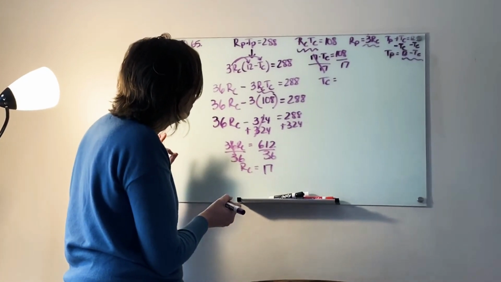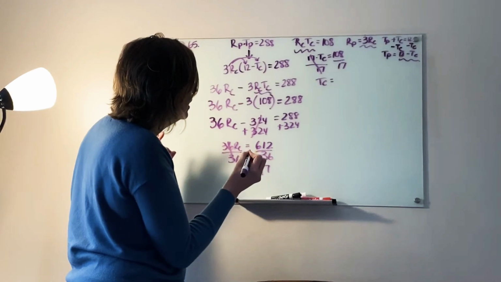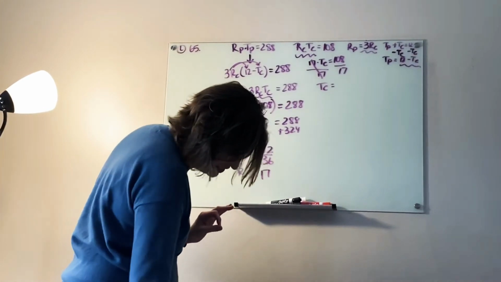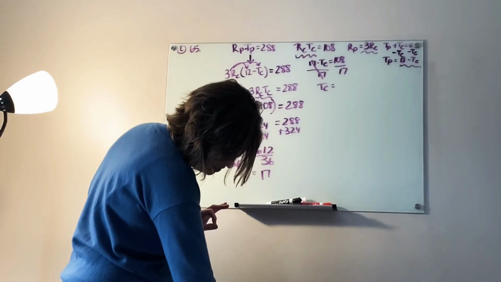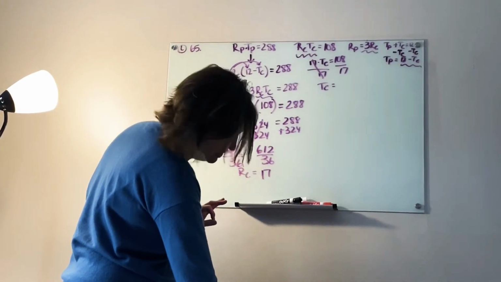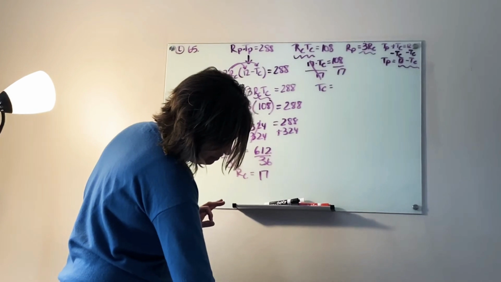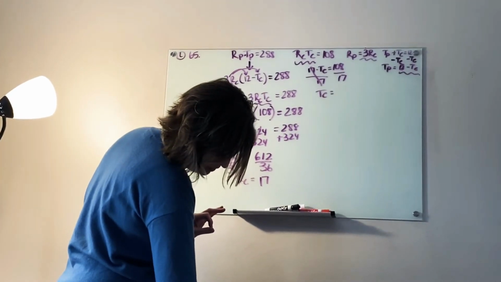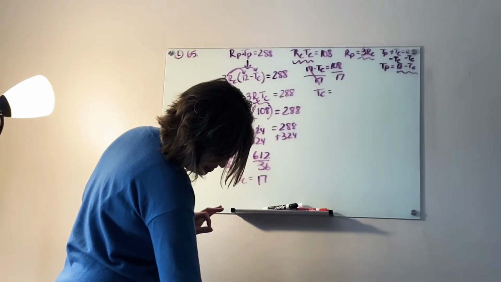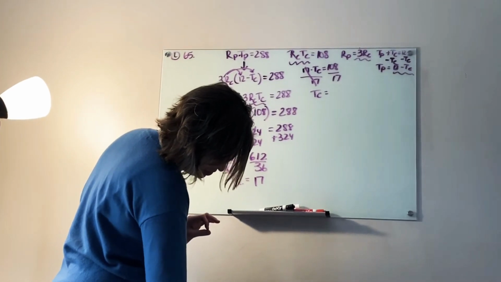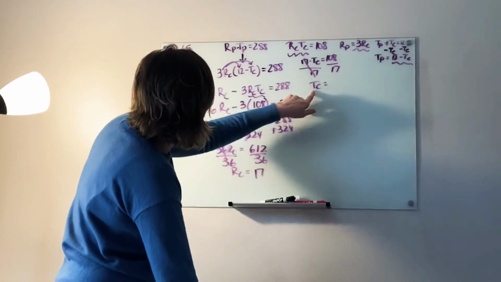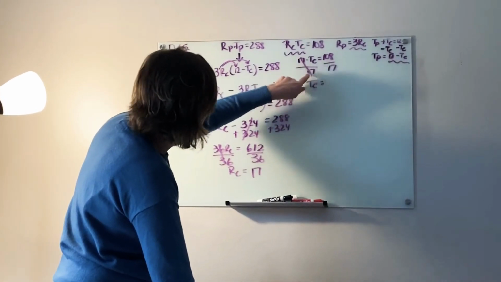I don't have it written down. Let me look. I don't have my calculator with me, friends. I'm sorry. So 17 times, let's see, TC. I've got RC, and then I plugged RC in with 17.